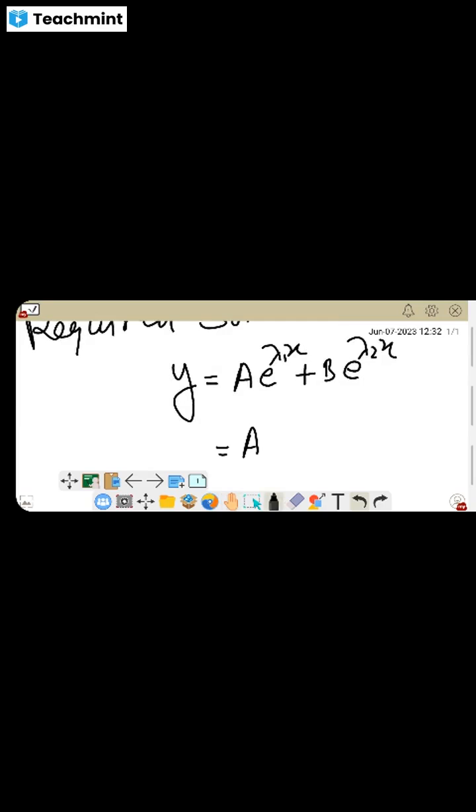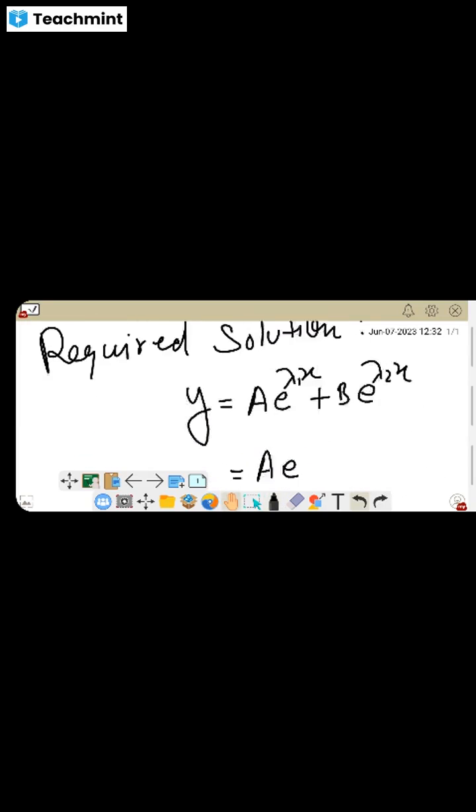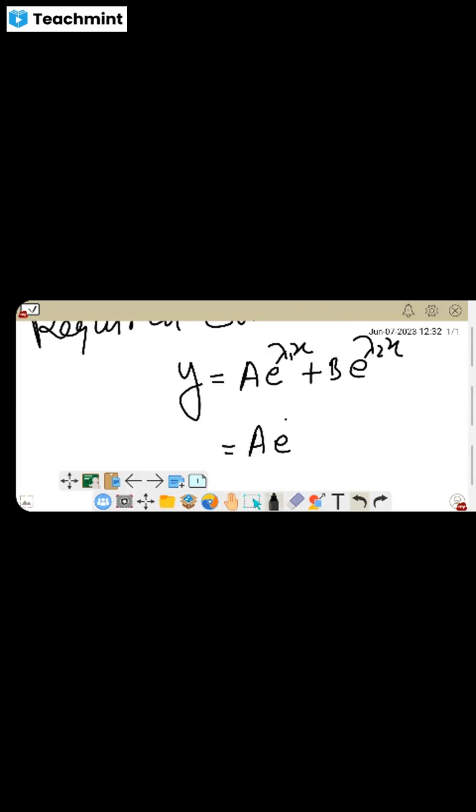So put the values. Lambda 1 is 1, so we can write this, as we don't take 1 as a coefficient of any variable, as plus b into e to the power 5x. Got it? Yes, ma'am.